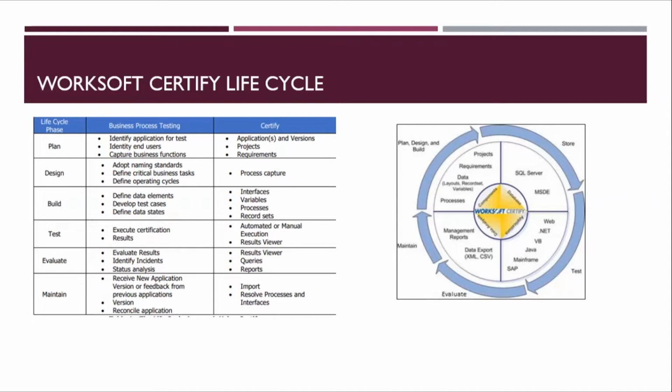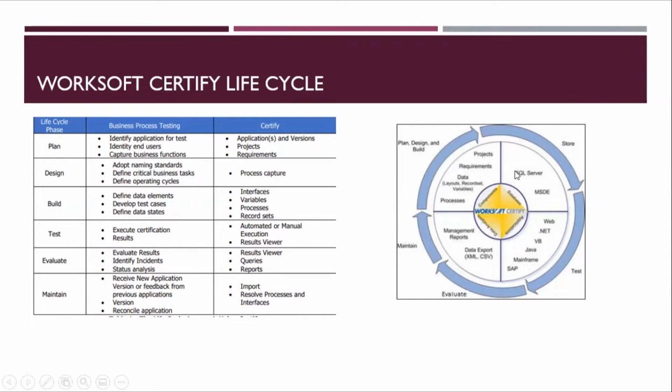And the maintain phase is whenever there is an application version update, or any object property gets changed, or any data has to be replaced, that will be done in the maintain phase. On the right hand side you can see where the plan, design and build phase is.